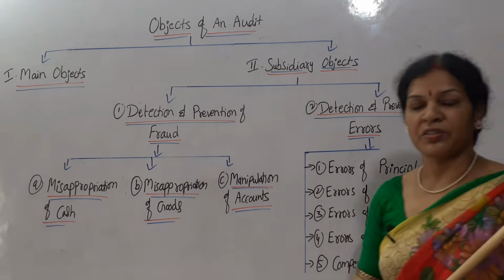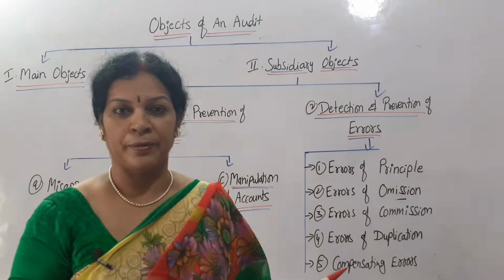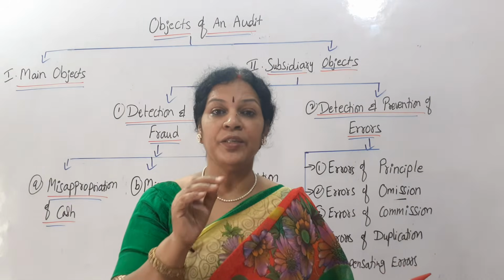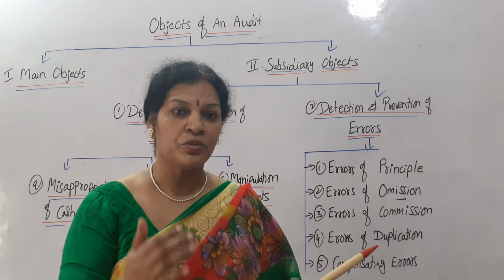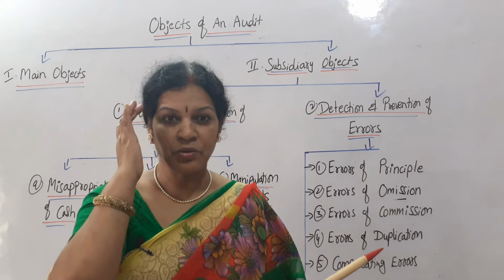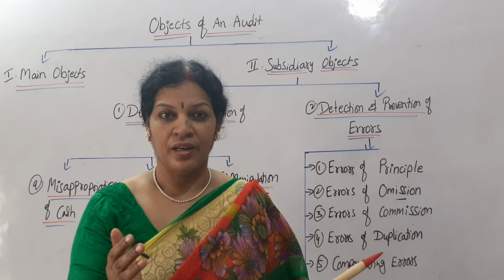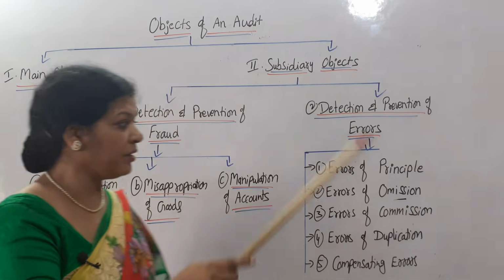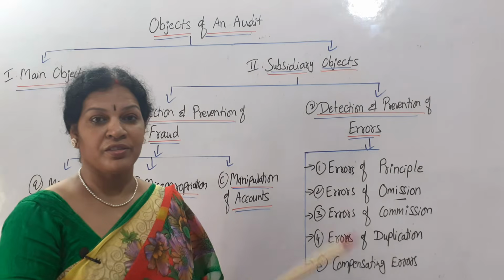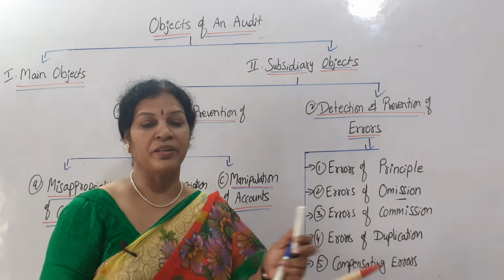All these things we have discussed, but how to detect them? For this, the auditor needs to have depth of knowledge, and he has to use his sense, and he must have the presence of mind to detect such kind of errors or frauds. Very difficult, and he has to be very careful.